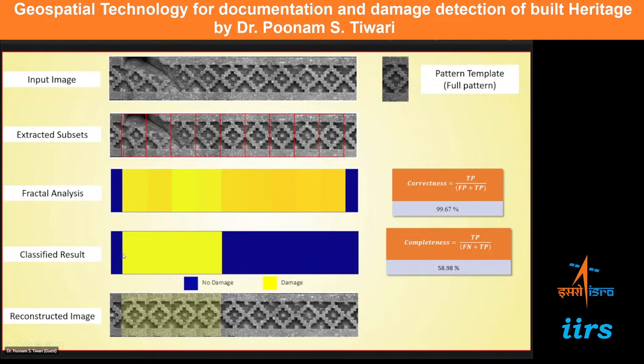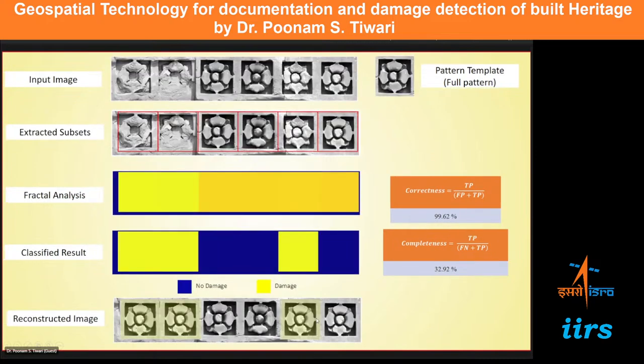Wherever the fractal dimensions are similar, it will not flag the area, whereas the other portions can be damaged areas. Okay. So once you have found that this much area is damaged, you can simply replace it with the correct area, and you can virtually reconstruct the pattern.